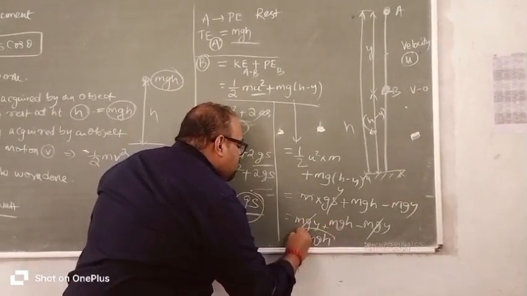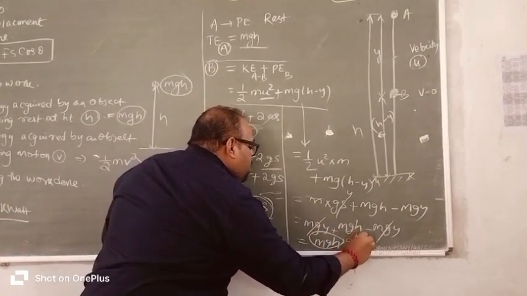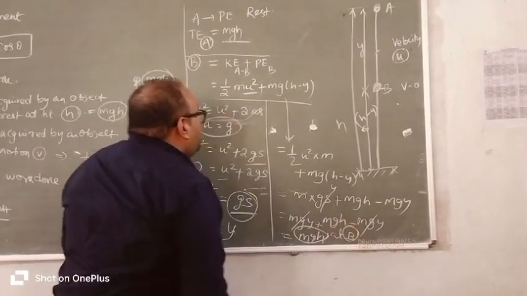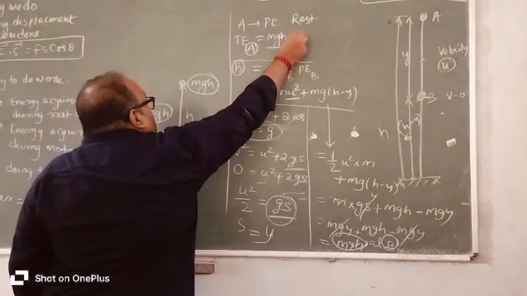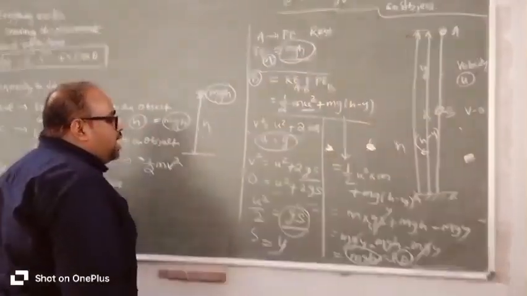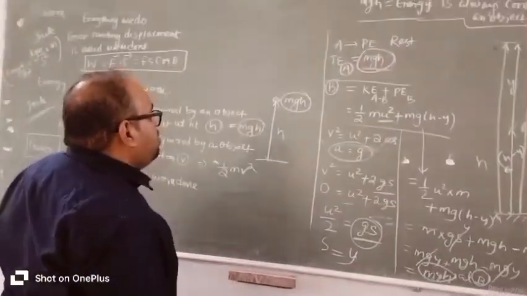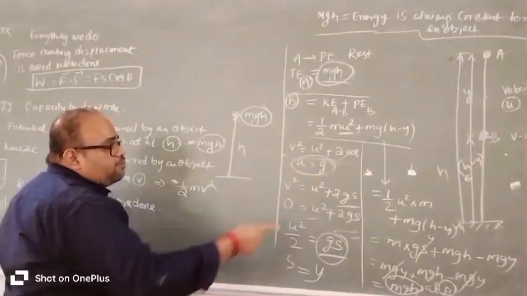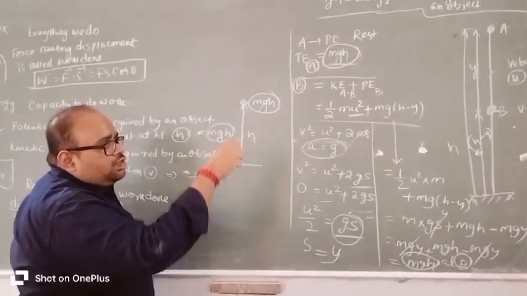Cancelling mgy positive and negative, we simply get mgh at point B. At point A we get mgh, and at point B also we get mgh.